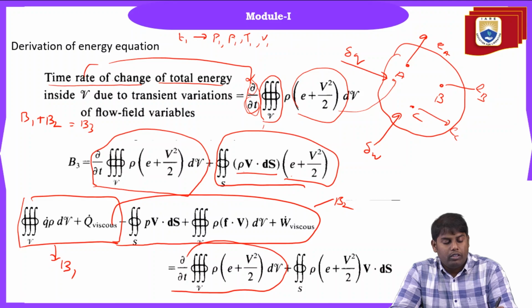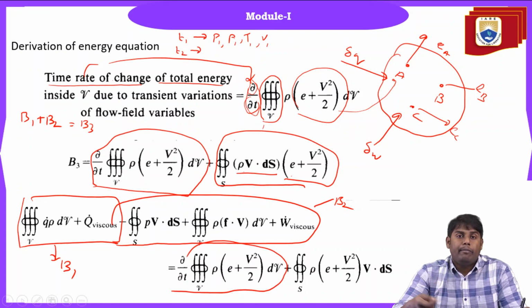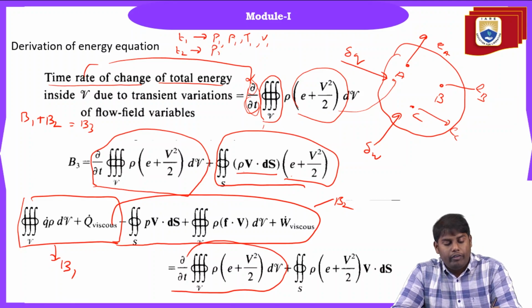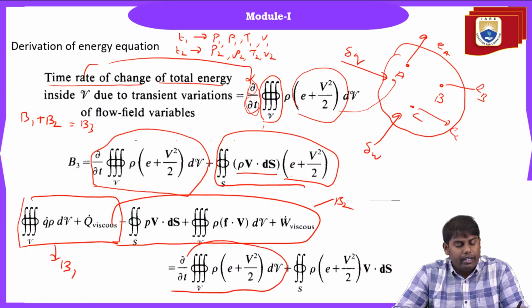At T2, as the time progresses and the flow variables change, we have P2, rho 2, T2, V2. So when these variables change from P1, rho 1, T1, V1 to P2, rho 2, T2, V2, what happens?